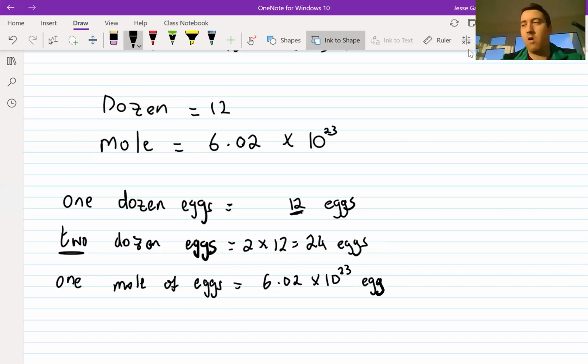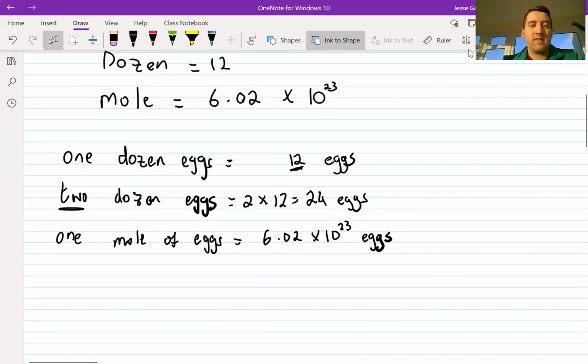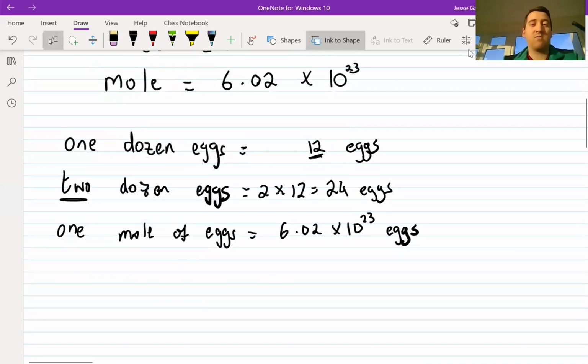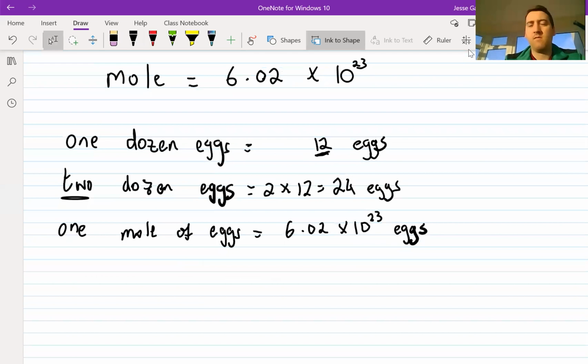So we can have a mole of eggs. Now, technically, I'm pretty sure you couldn't really have a mole of eggs, because that's more than the amount of eggs that's ever existed in the history of chickens. But technically, you could count a mole of eggs.